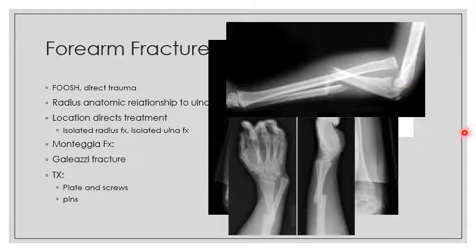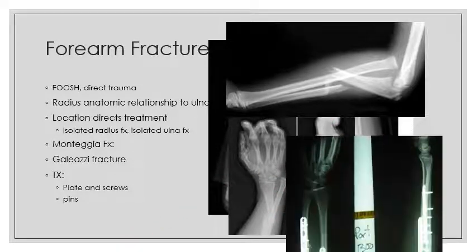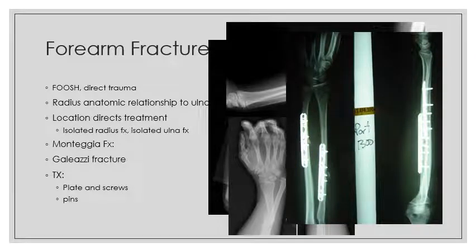While a Galeazzi fracture is a fracture of the distal third of the radius with a distal radioulnar joint injury. These two types are operative. Our options are a plate and screws, and in some cases we use pins.